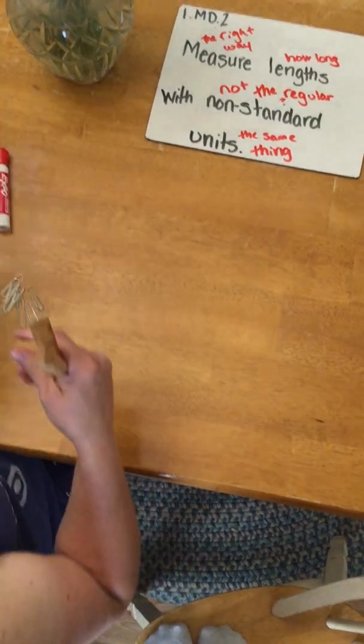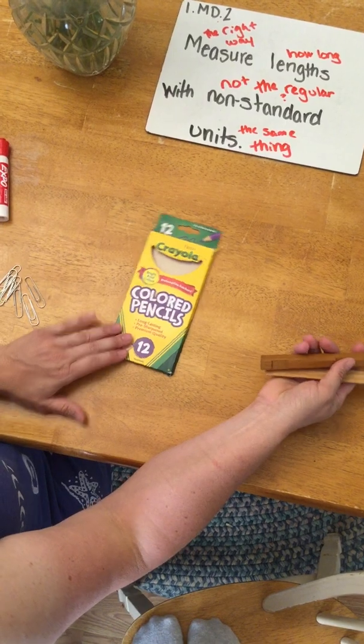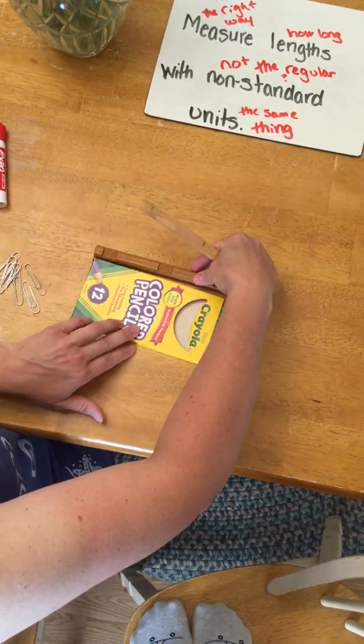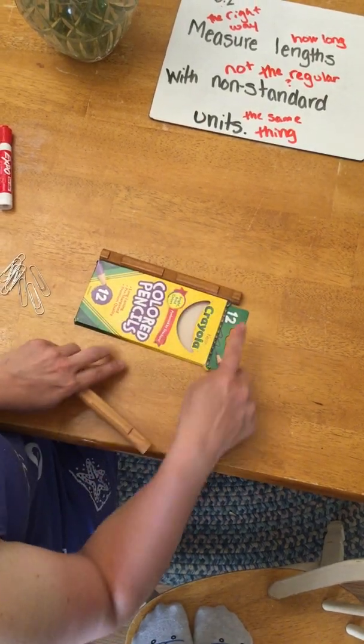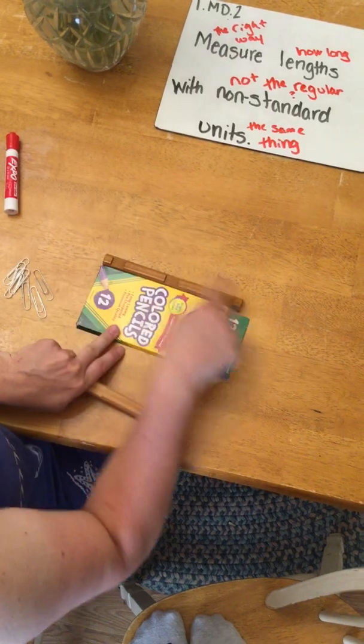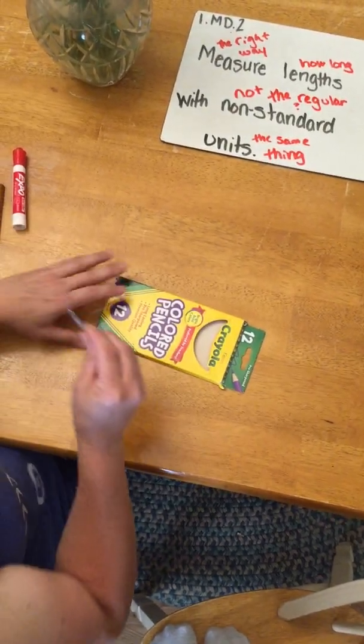What if I said, let's measure this colored pencil box? I'm going to measure the length with a Lincoln Log. It's just about 1 Lincoln Log. Remember, I started at the end, and it doesn't go quite to the end. All right, let's measure it with paper clips.